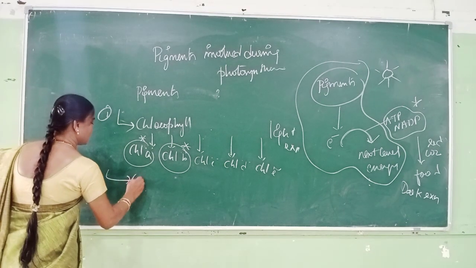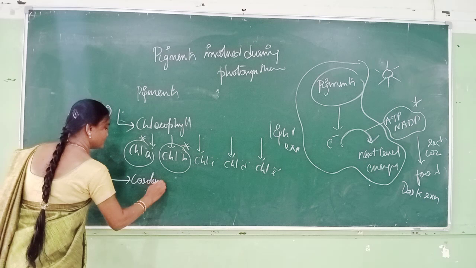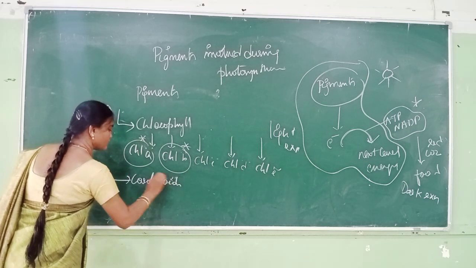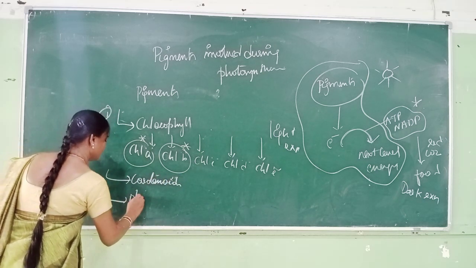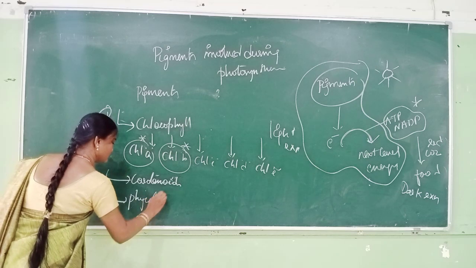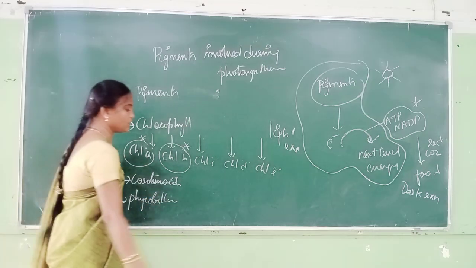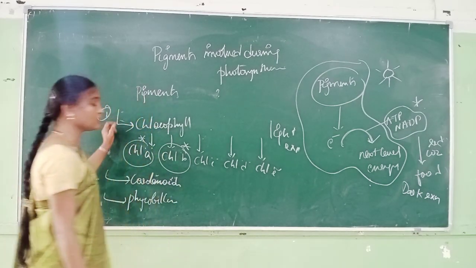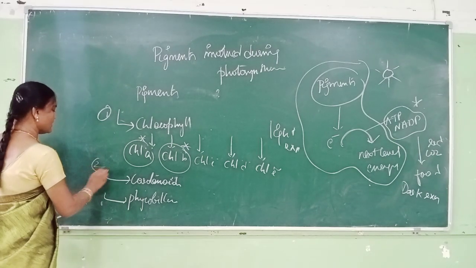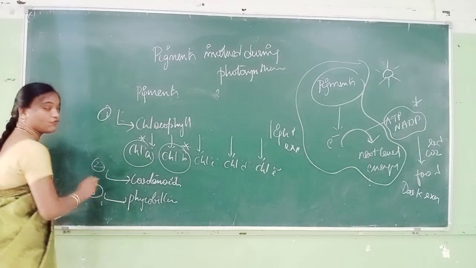Next one is carotenoids and phycobilins. These are the important pigments that are utilized during photosynthesis.